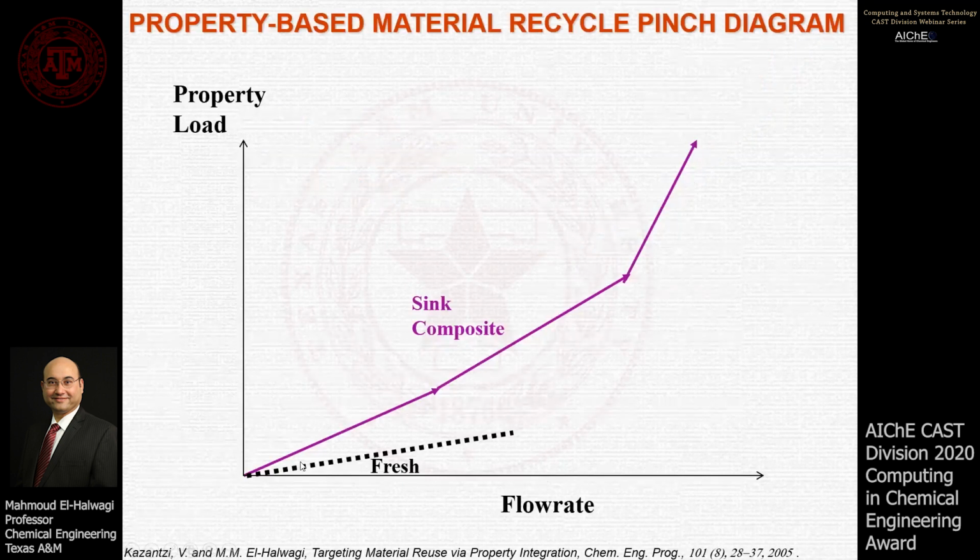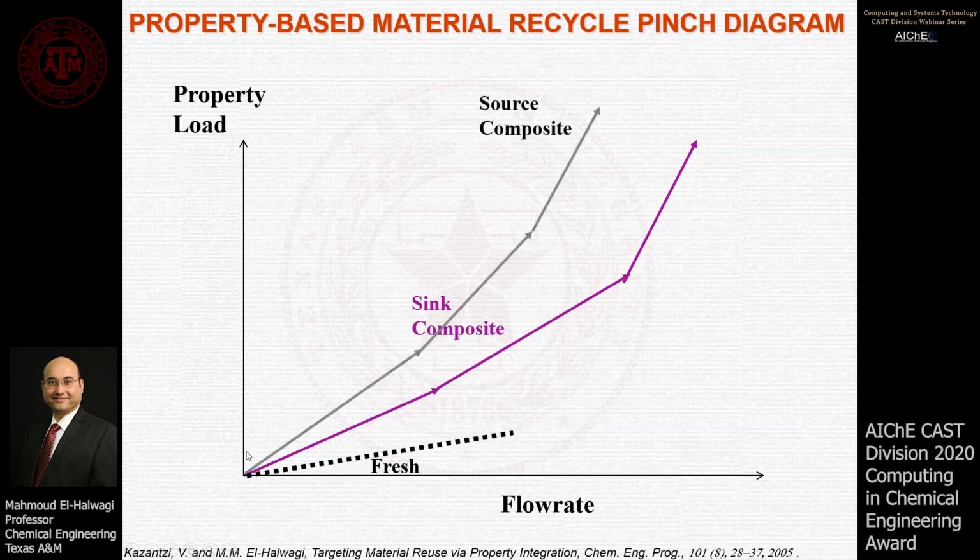And by the way, if the streams are characterized by properties, and if the constraints on the sinks are also characterized by properties, then it is possible to develop an analogous material recycle pinch diagram based on properties. This was the work with my former PhD student, Dr. Vasiliki Kazantzi.